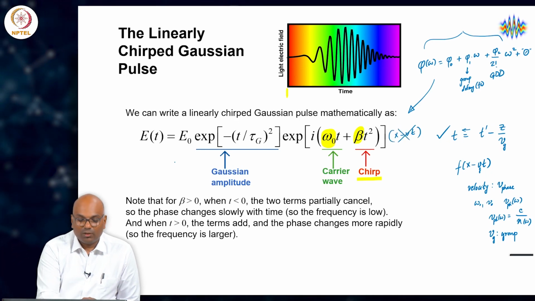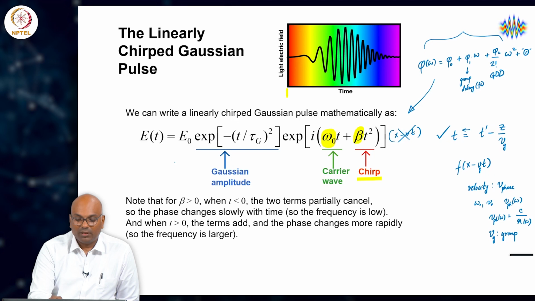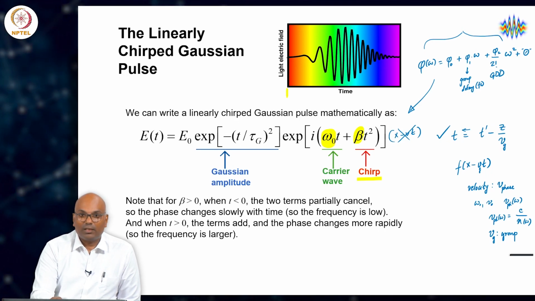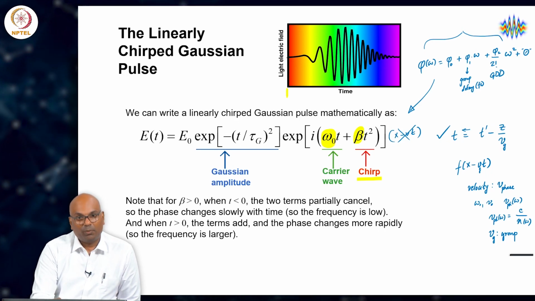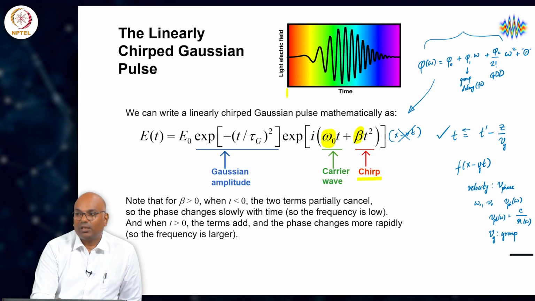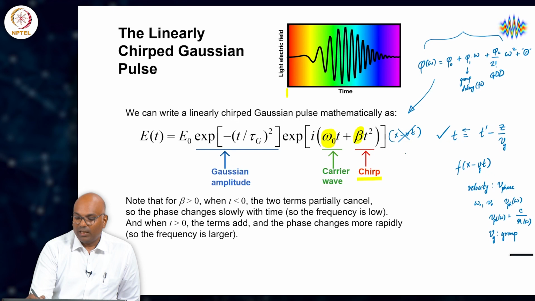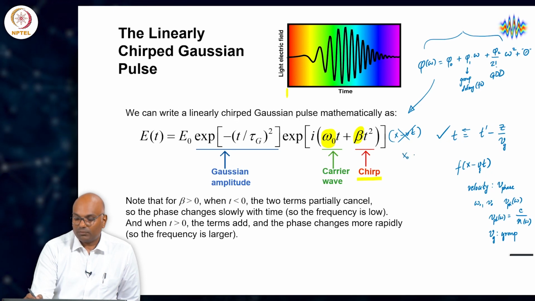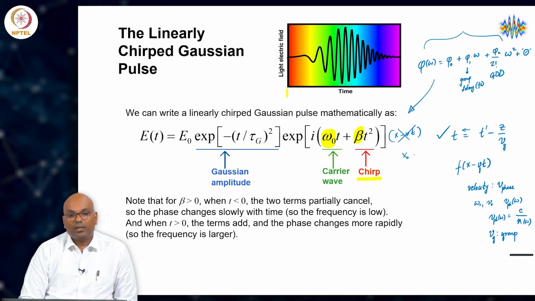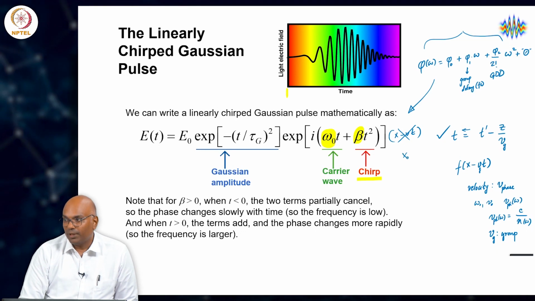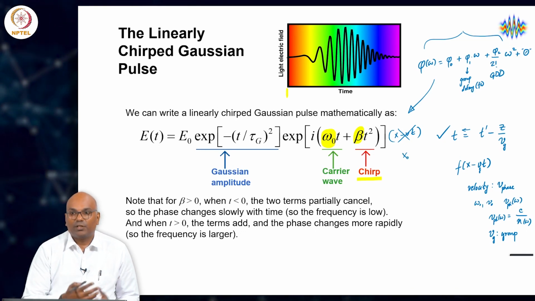Therefore, this equation here, E of t equal to whatever is on the right, is not necessarily a propagating pulse. It is just a time domain description of whatever is happening. It could well be happening at a point, say x naught, somewhere. So we threw away that aspect.